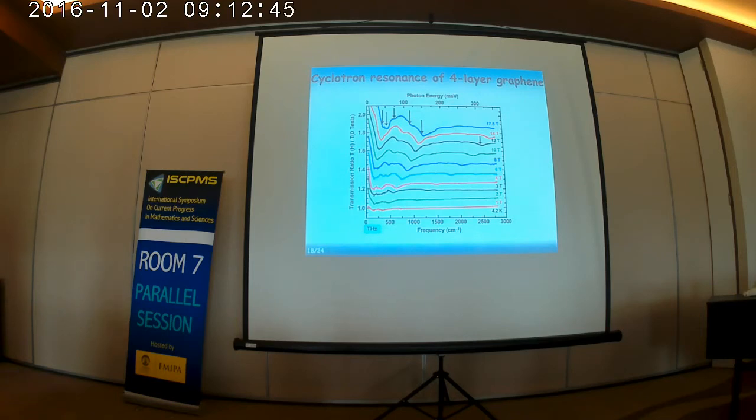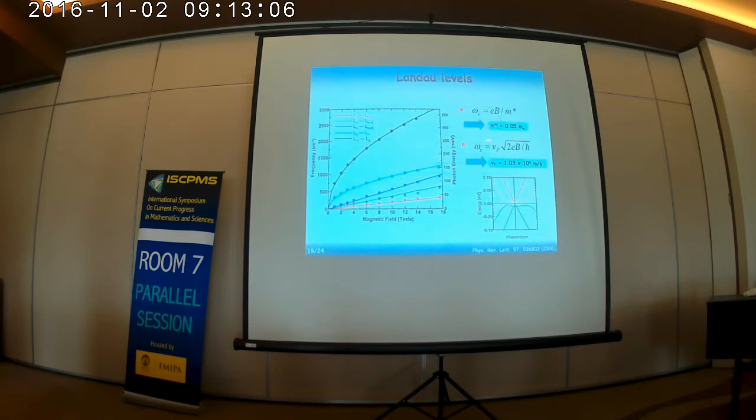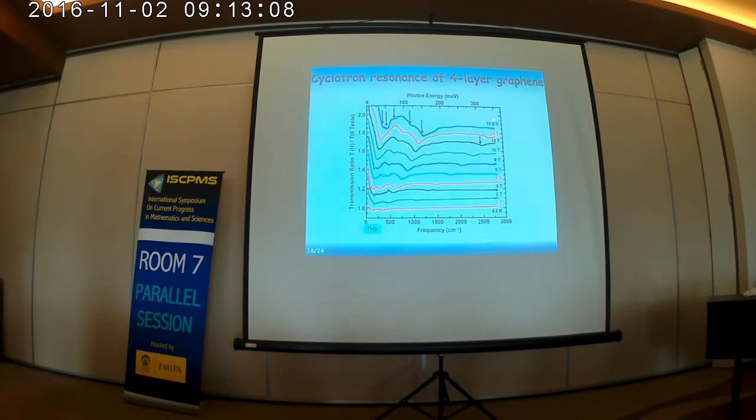There are 2 interesting features I'd like to draw your attention to. At first, you see this transmission dip. This dip corresponds to the cyclotron resonance absorption. And secondly, you will see this cyclotron resonance absorption is shifting with the magnetic field B, and also the intensity is increasing with applied magnetic field B.